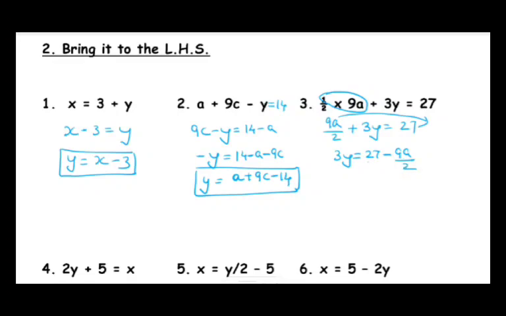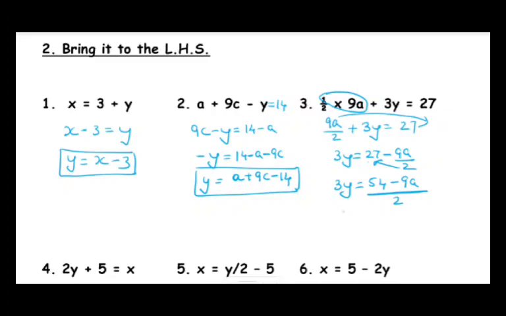Whenever you're adding or subtracting a whole number and a fraction, the denominator of the fraction gets multiplied by the whole number, which is 54 minus 9a, and the whole numerator gets a common denominator.